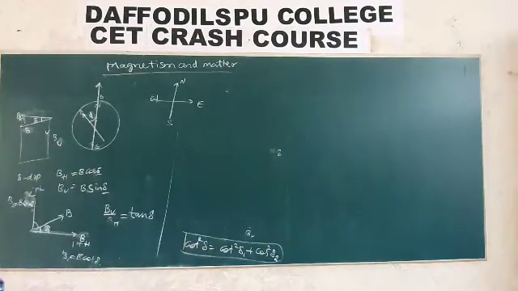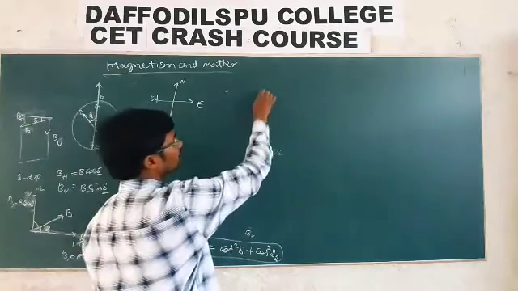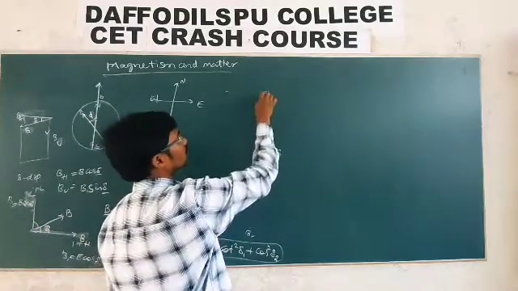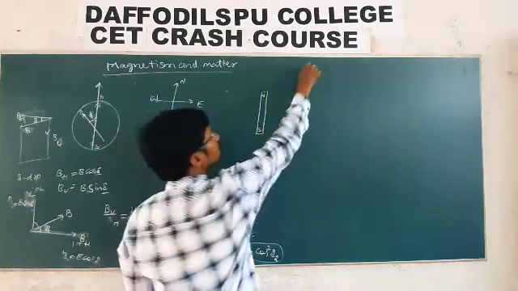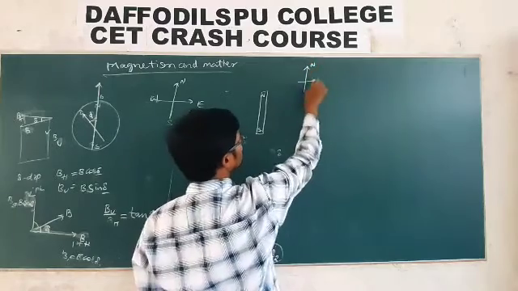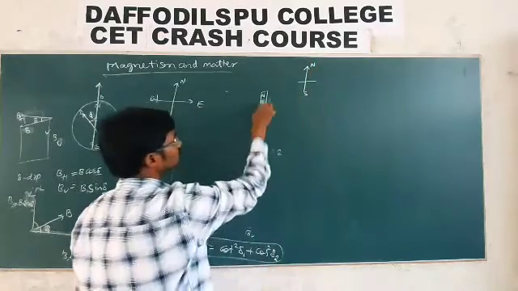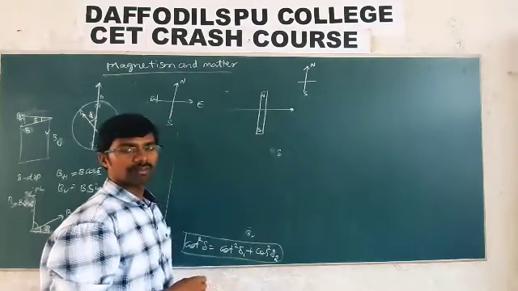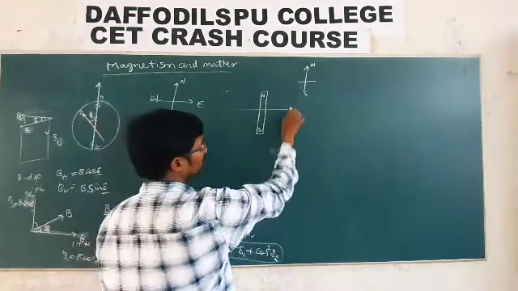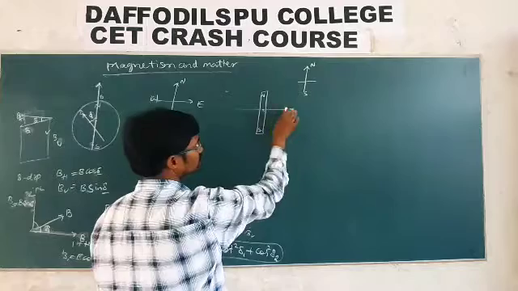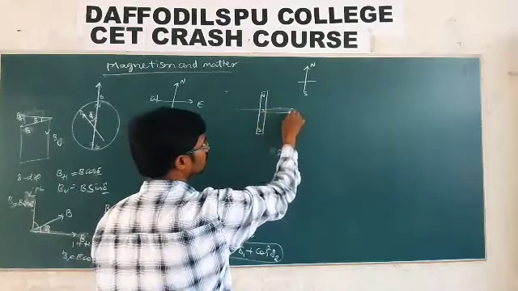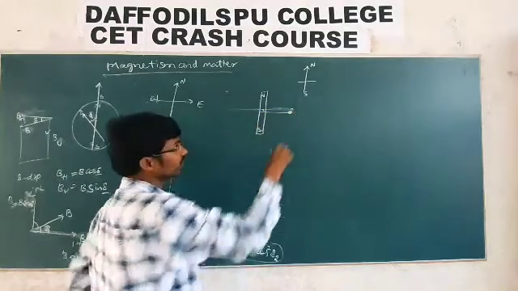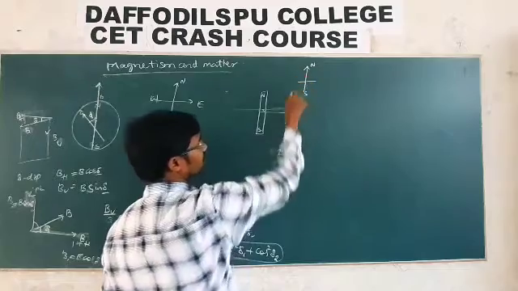Now, if you have taken a bar magnet with its north pole facing geographic north and south pole facing geographic south, then the magnetic field due to the magnet is along the equatorial line. At this point, what is the magnetic field?